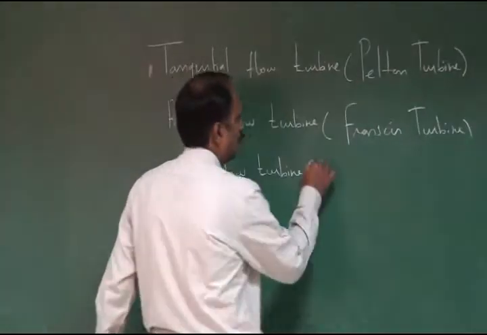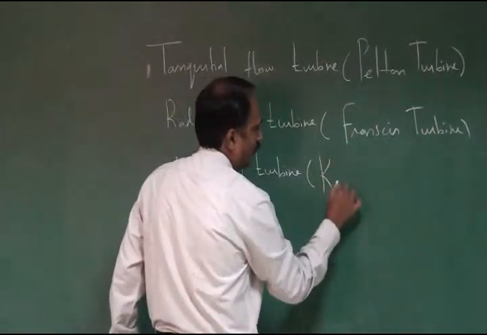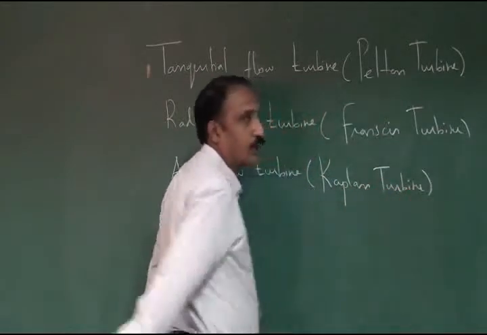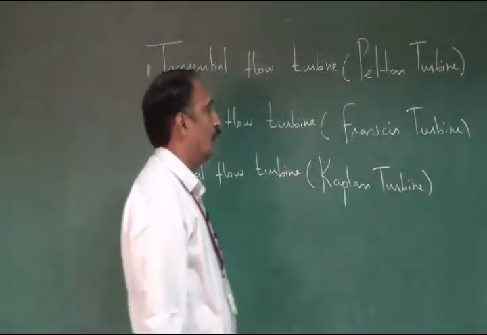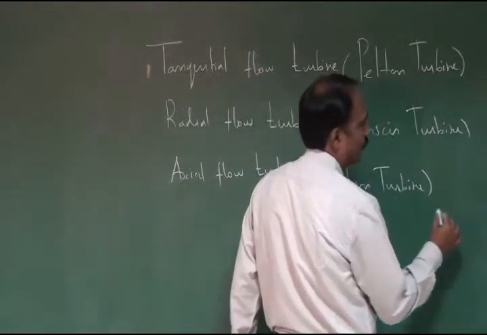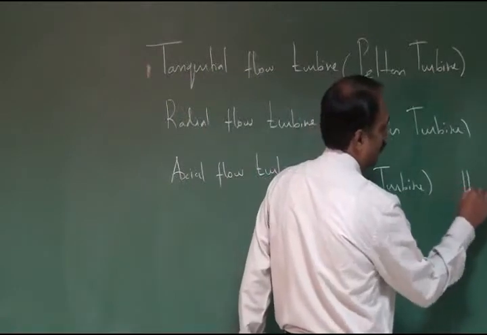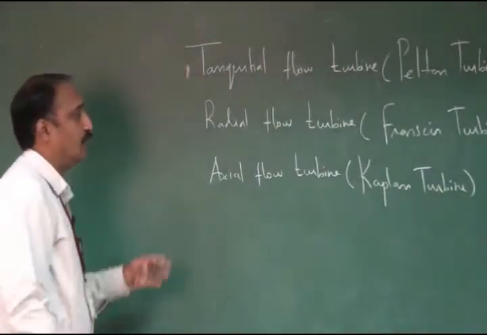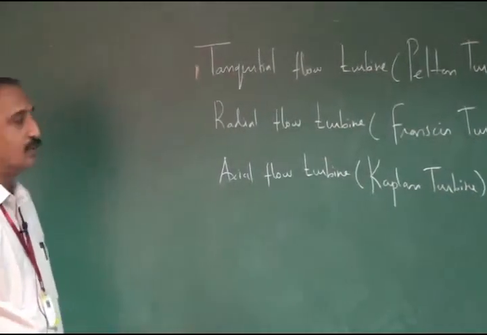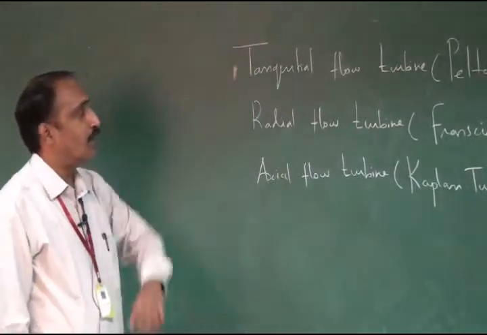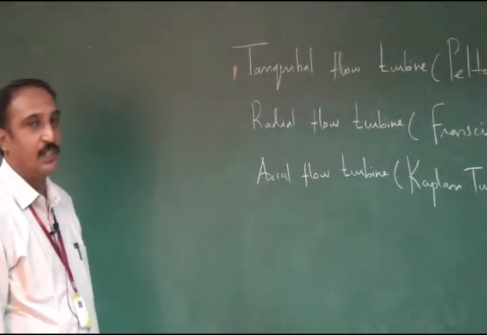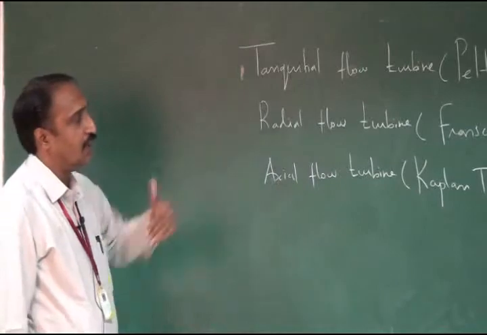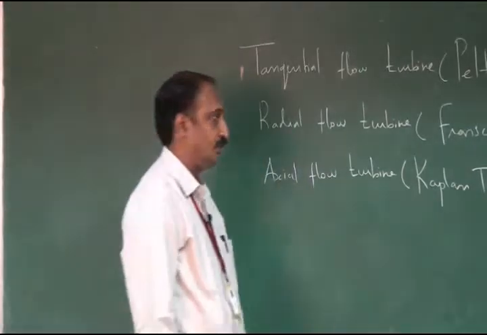This is called a Kaplan turbine. It is suitable when the available pressure head is less than 50 meters. Within these three types, we are going to concentrate on the theory behind the Pelton turbine, the construction of the velocity triangle of the Pelton turbine, and then derive the hydraulic efficiency of this turbine.